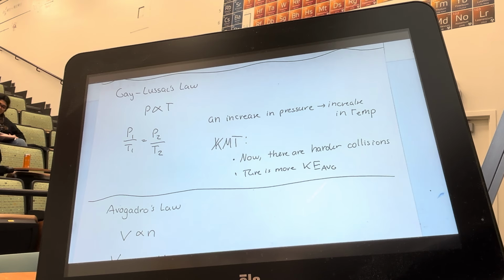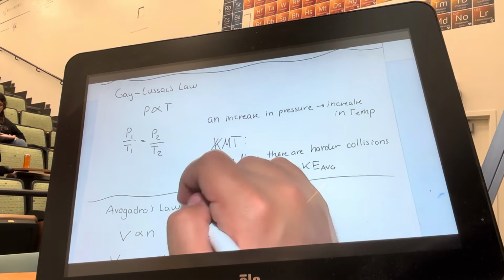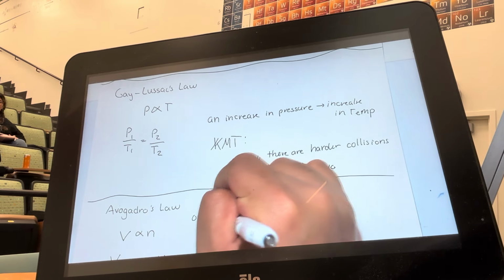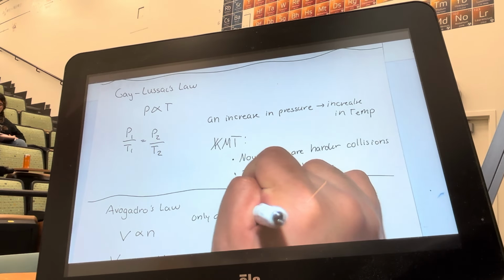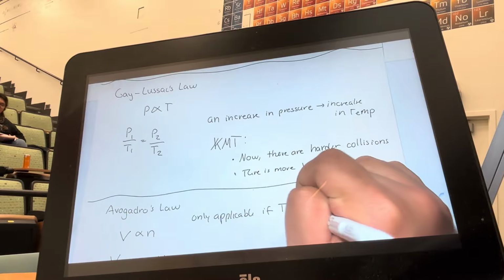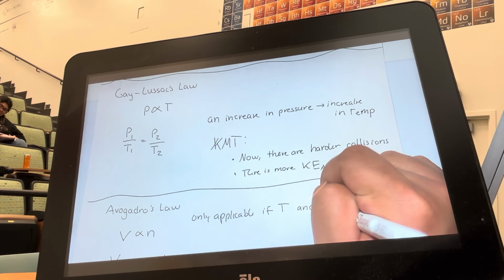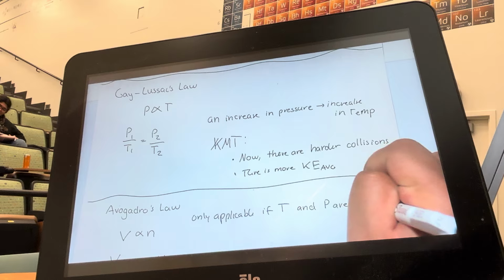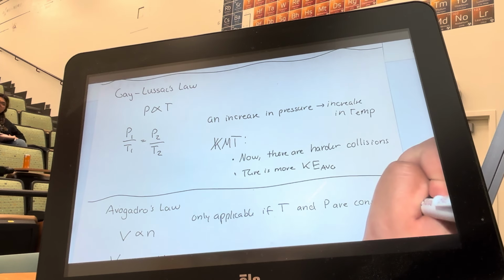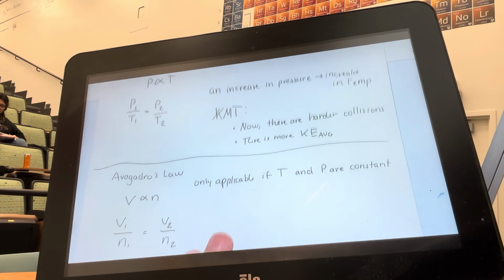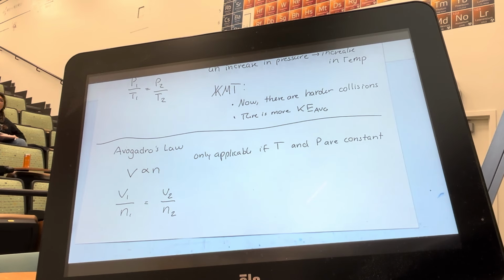The thing is, this is only applicable if temperature and pressure are constant. And that gets kind of difficult to do in real life. But understanding that that might happen is a total possibility, okay?